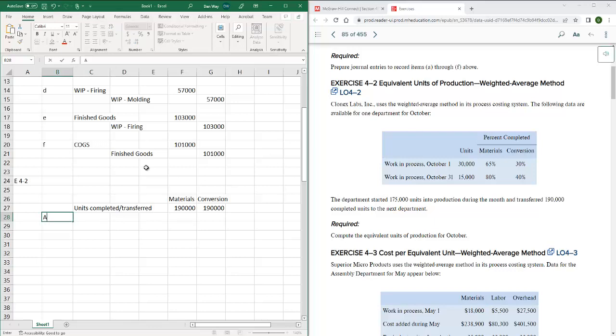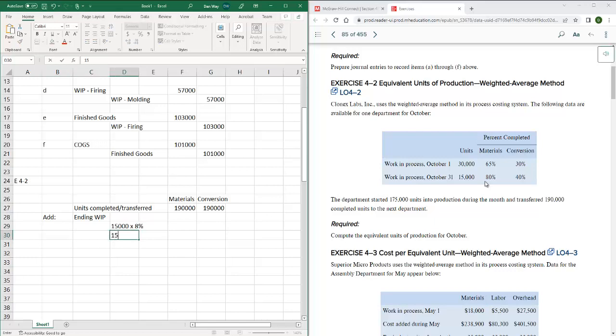Now to that, I want to add the ending work in process. And here's where I want to do a little math to figure out what the equivalent units were in that ending work in process. Let's start with respect to materials. 15,000 physical units were in ending work in process. With respect to materials, they're 80% complete, so we're going to count those at 80% of the 15,000.